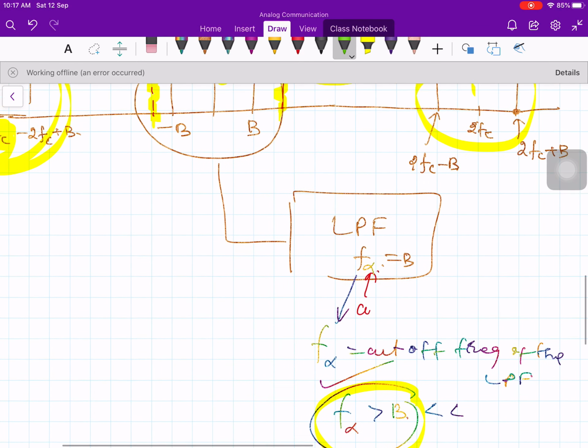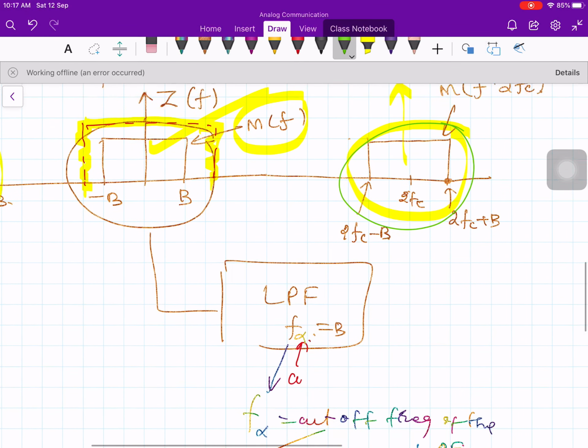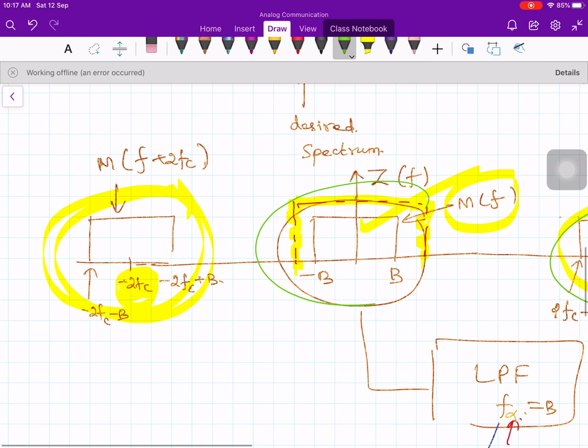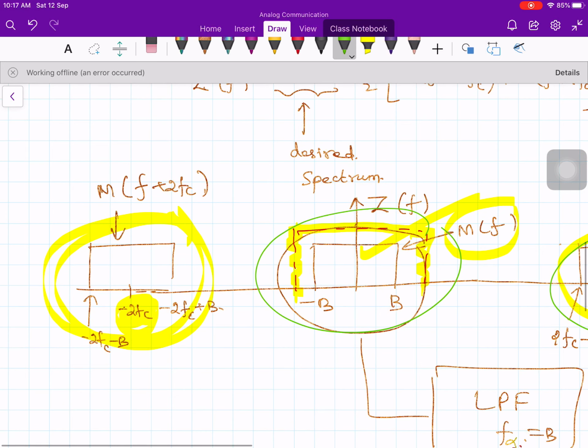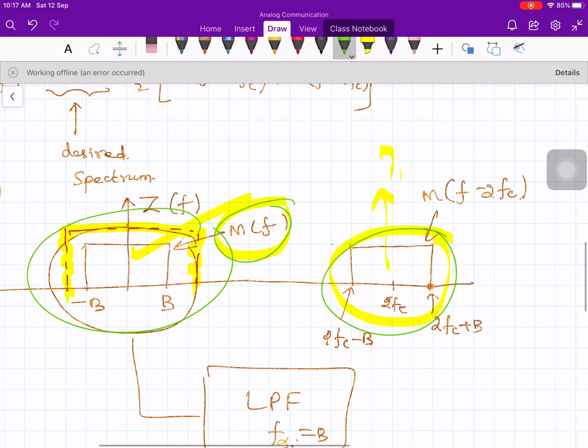Therefore, these two components will not overlap, because see, this M of f, then M of f plus 2fc, then M of f minus 2fc, all are non-overlapping spectra.